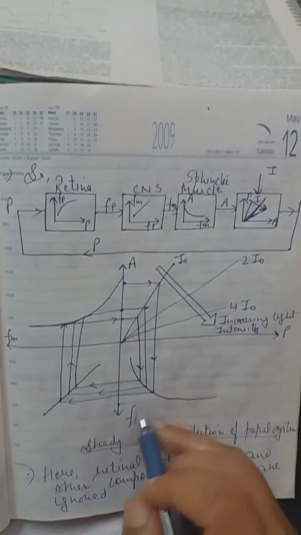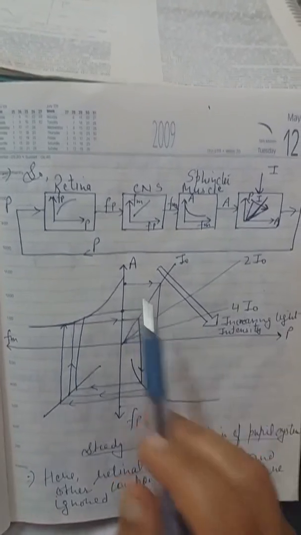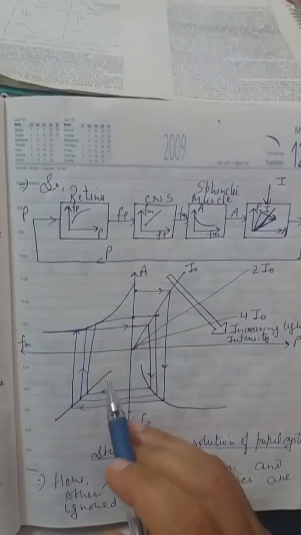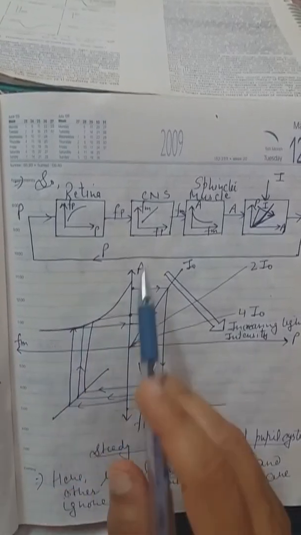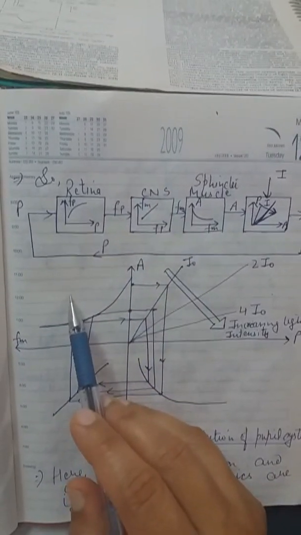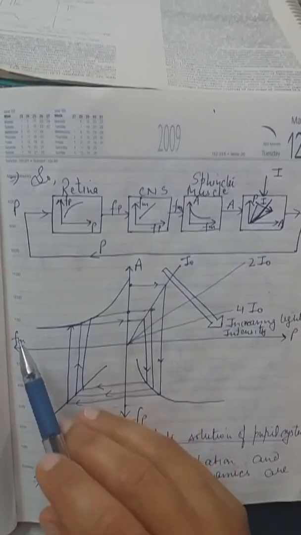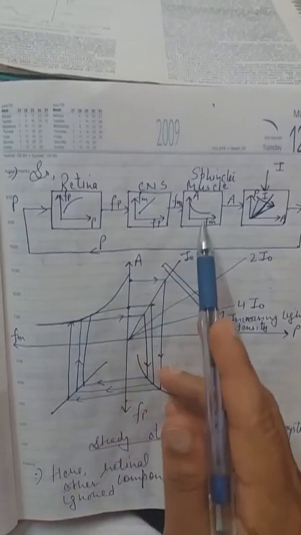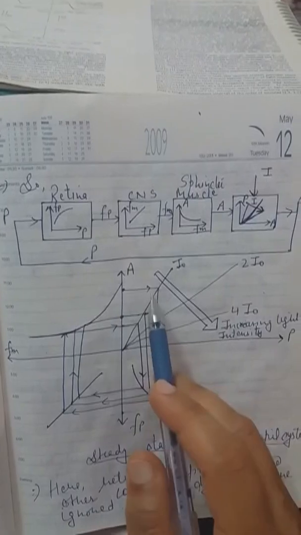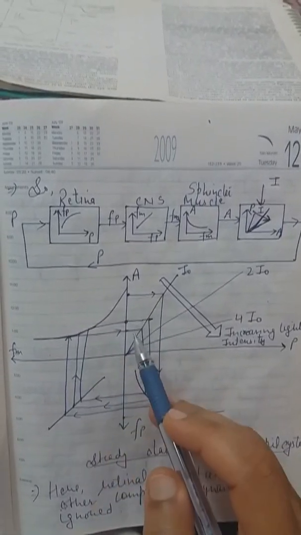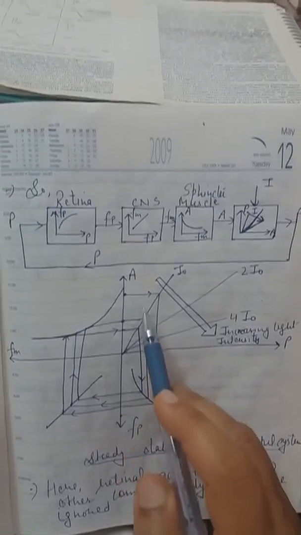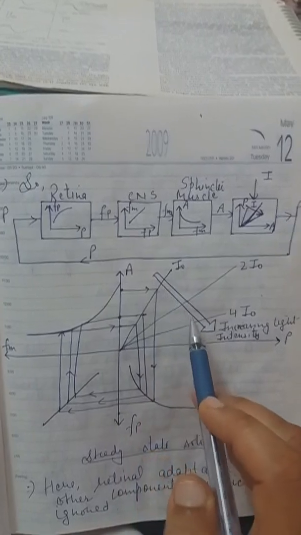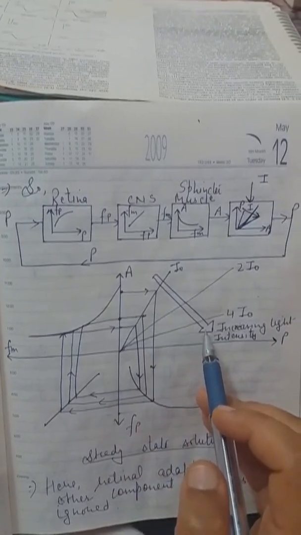And here FP with respect to P, that signifies the retinal block, and here the relationship is between FP and FM, it signifies the CNS block, and this coordinate shows a relationship between FM and A, that signifies the sphincter muscle subblock. So here in the pupillary block, we can see that there is almost a linear relationship between area and flux, and this linear curve is shifting with respect to variation in the light intensity.